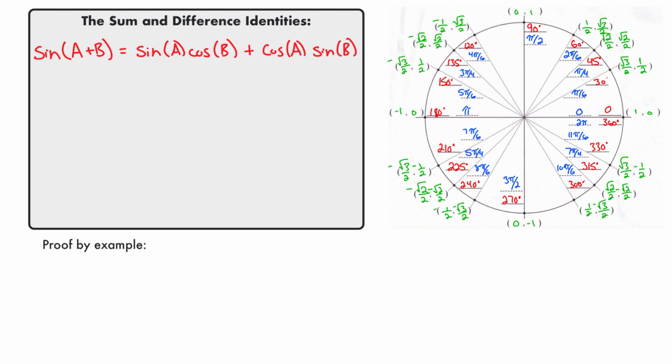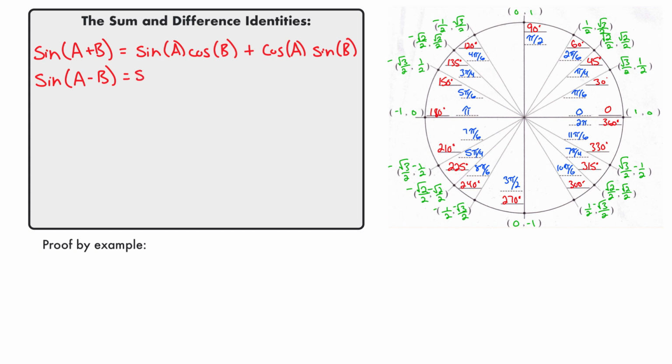It is the sum identity for sine. Next, I'm going to show you the difference identity. It starts off the same way. It is sine of A, but now we're going to do subtraction. So we're subtracting an angle B. The order of the trig functions and the angles for this identity is the same as the previous.